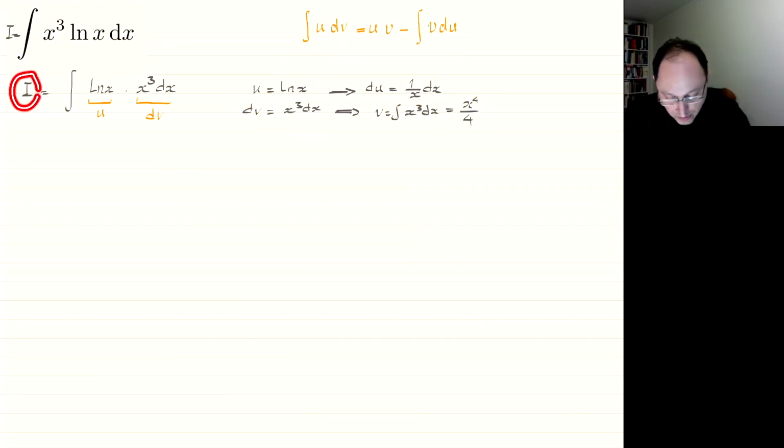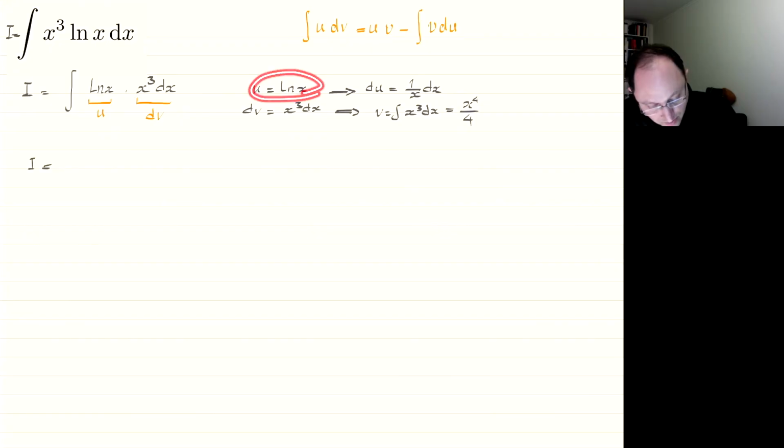My original integral is u dv, so I should write it as uv minus the integral the other way around. So this means that my integral I is equal to u times v. This is my u, and this is my v, so I multiply them. So this becomes x to the power 4 divided by 4 times ln of x, minus the integral of v times du.